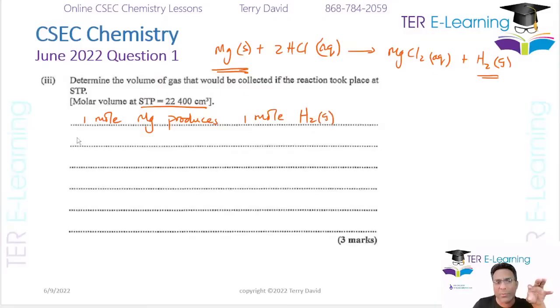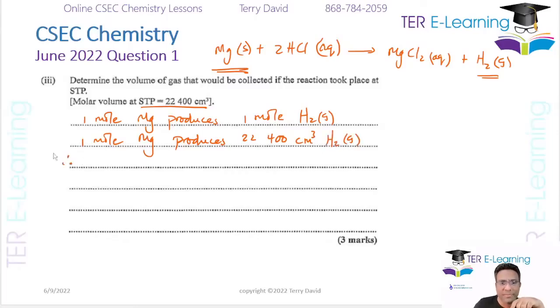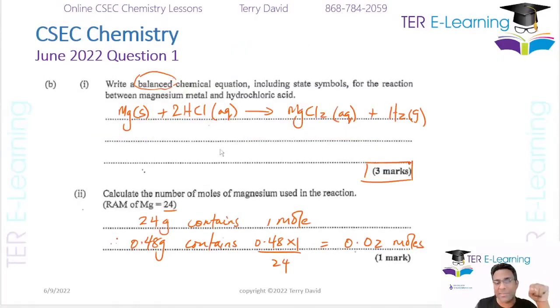Therefore, we already know how many moles of magnesium we had. So I'm going to write this over and say 1 mole Mg produces, now 1 mole of a gas at STP is going to be 22400 cm3. Therefore, we're going to use the answer we just got, because that's the amount of moles of magnesium we used, 0.02.